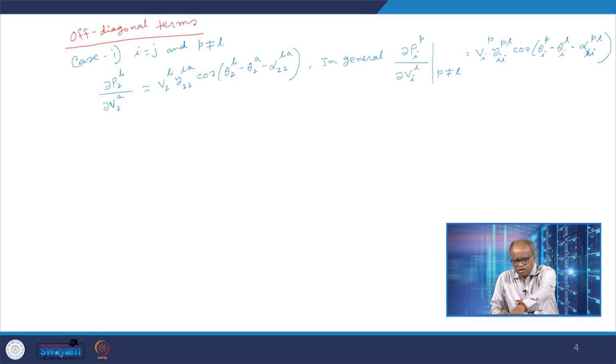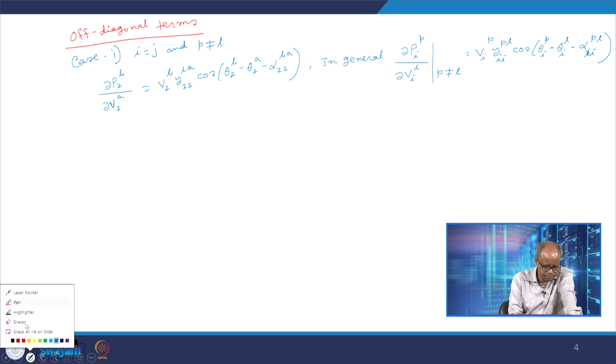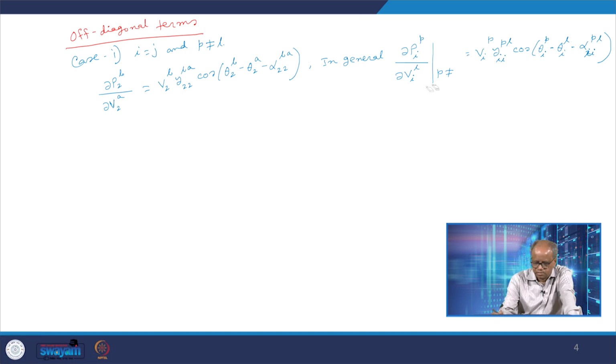Because we have taken I equal to j, it will be y_IIpL cosine theta_Ip minus theta_IL minus alpha_IIpL. So this is L.